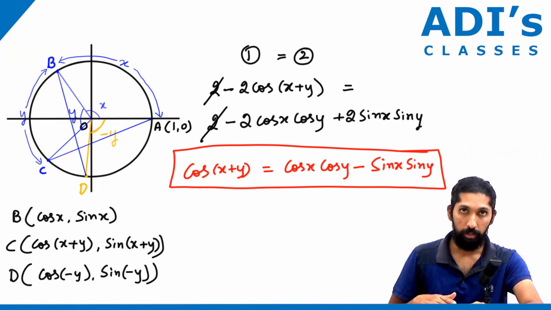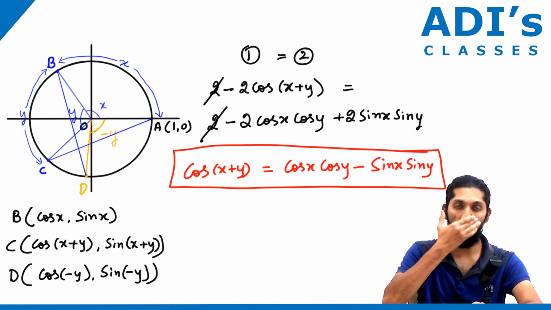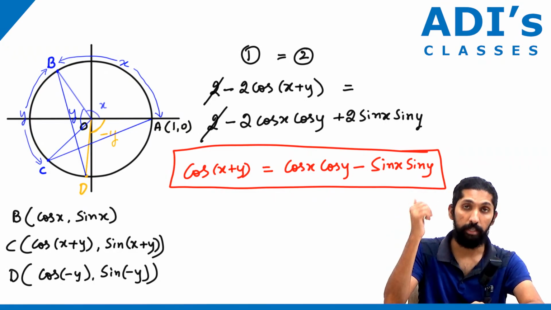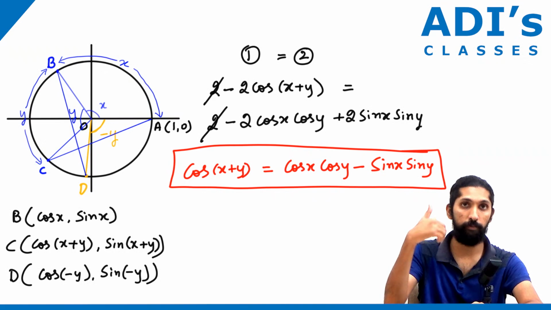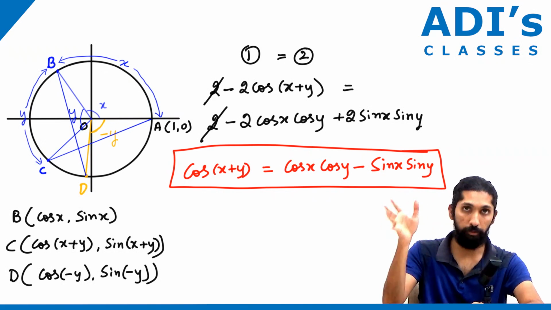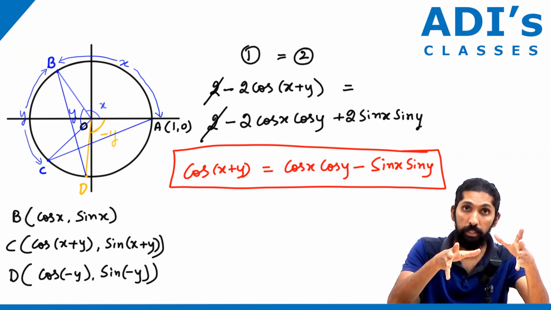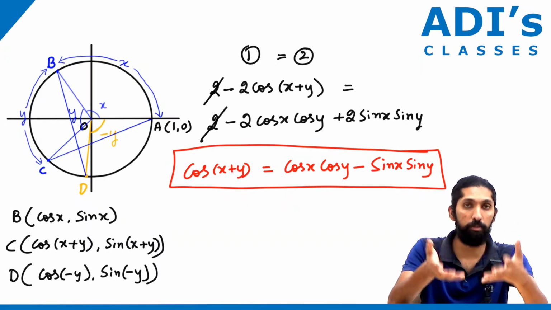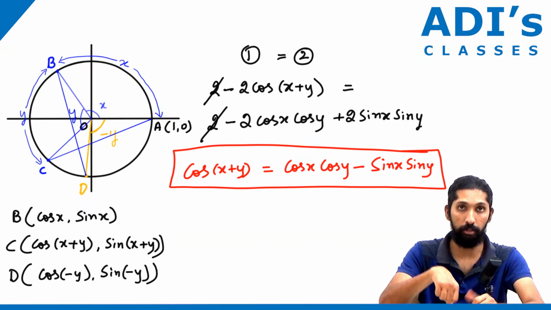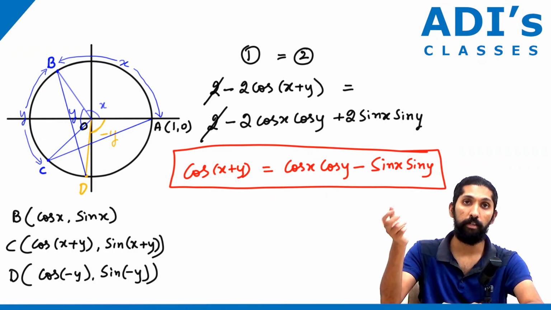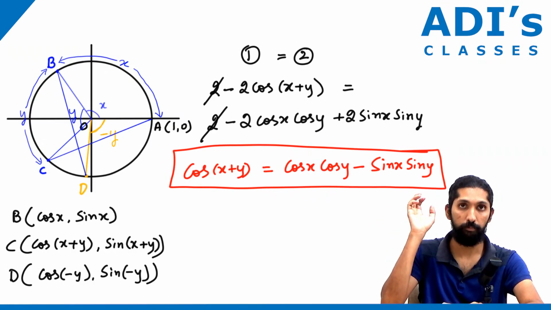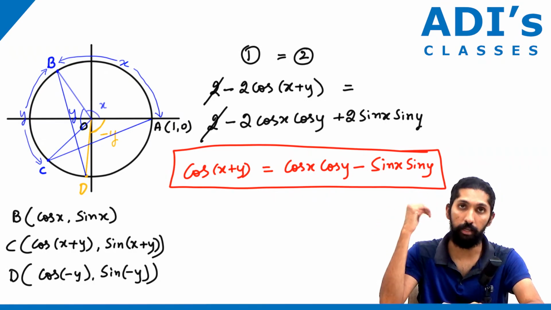And also, in the previous videos, we have learnt about allied angles, like sine of 90 plus theta, cos of 90 plus theta, or any of those things. Those things can also be figured out. We can use this particular identity, the compound angle identity, and we can get those values. All these things we'll discuss in the next video.